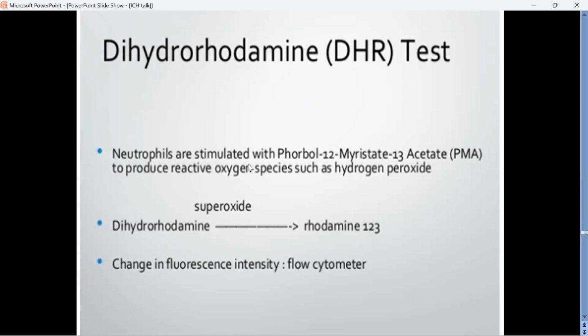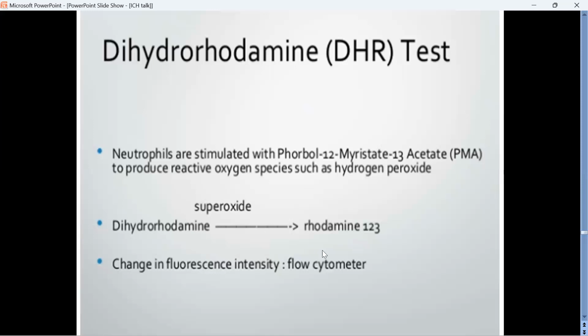Here the principle is that neutrophils are stimulated with a potent in vitro stimulant called PMA, phorbol 12-myristate 13-acetate, to produce reactive oxygen species such as hydrogen peroxide. Now we use a dye in flow cytometry called dihydrorhodamine, and when the neutrophils are normal, because of this stimulant, they produce superoxide, which converts this dihydrorhodamine to a fluorescent rhodamine molecule, which will be picked up by the detector.